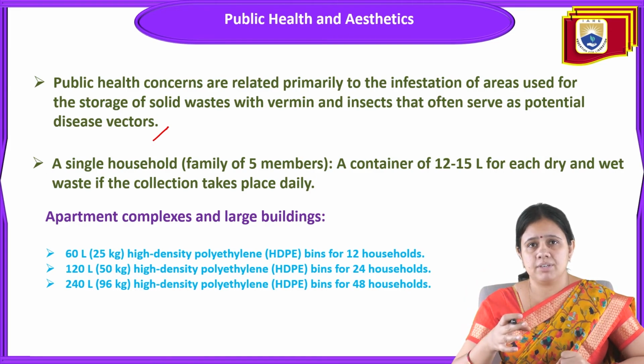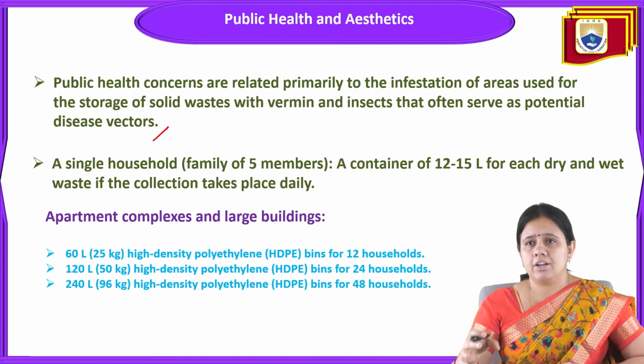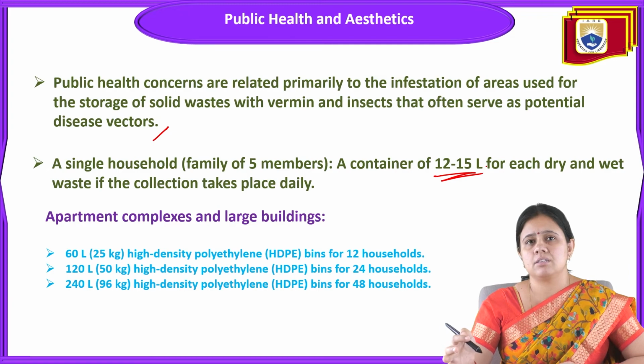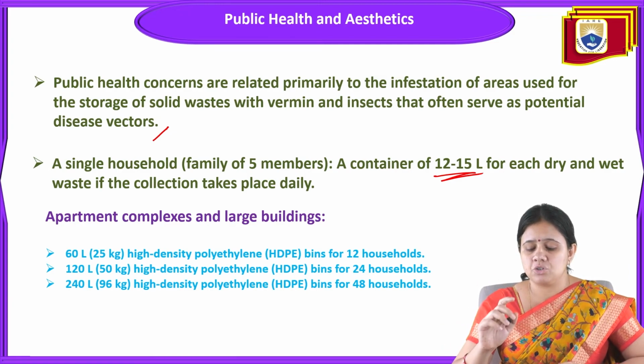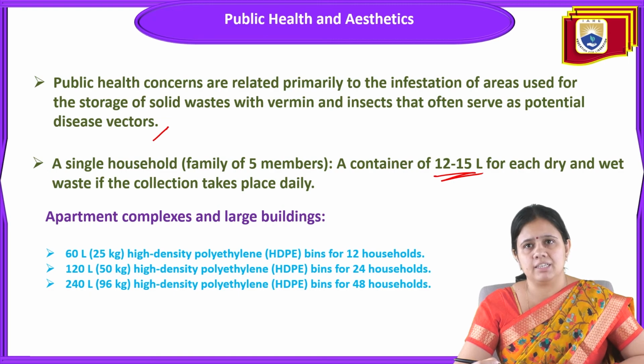And if it is a single household, like a family of 5 members, a container of 12 to 15 liter for each of dry and wet waste should be installed if the collection takes place daily.